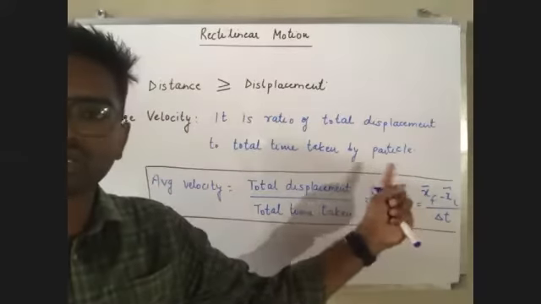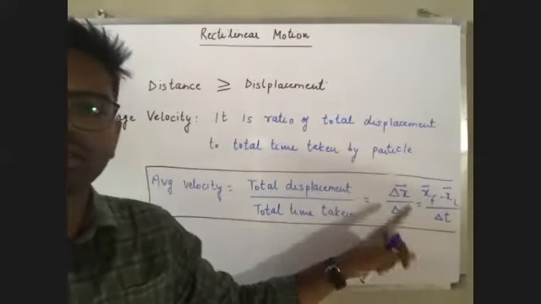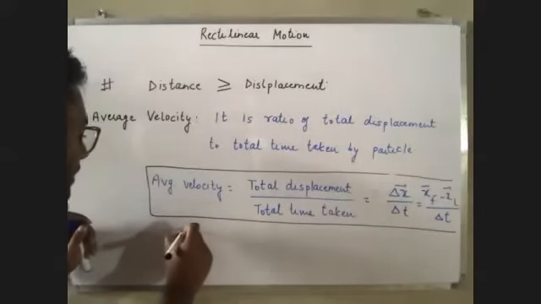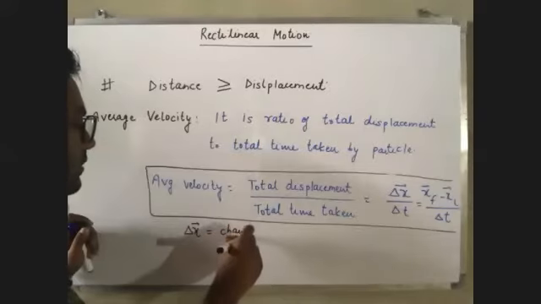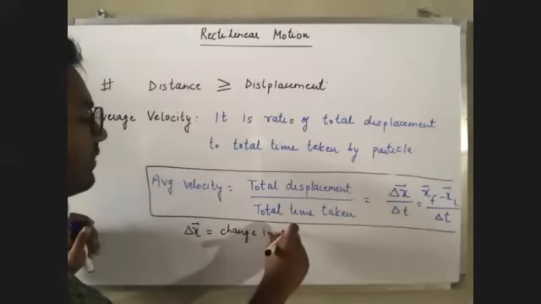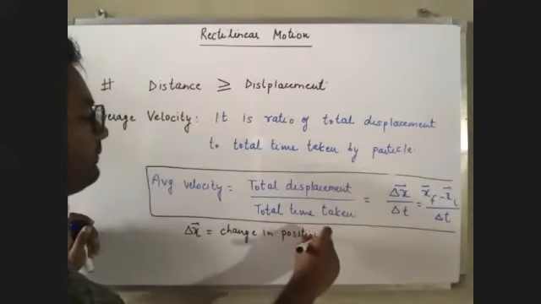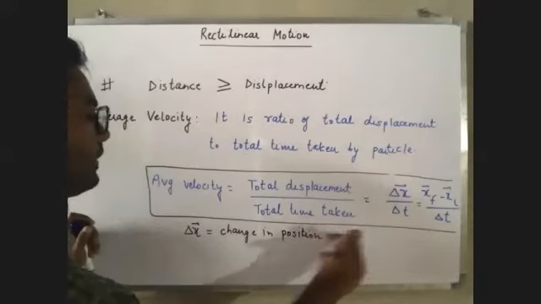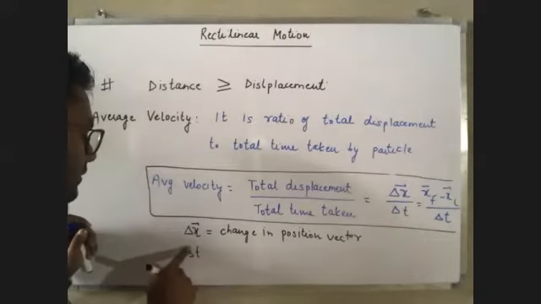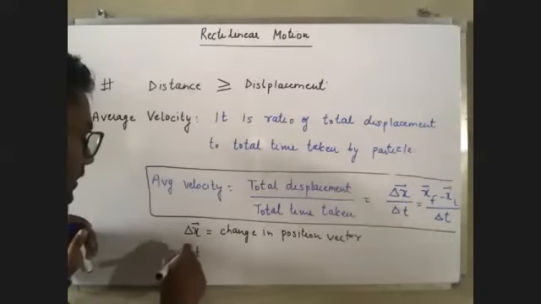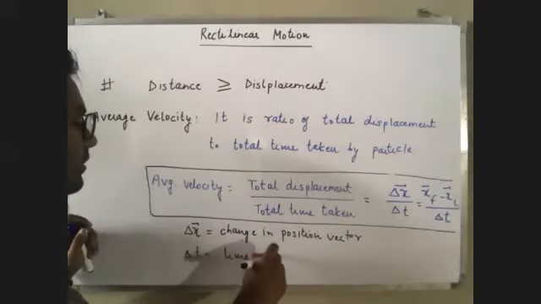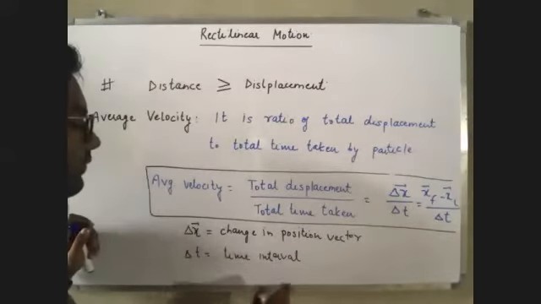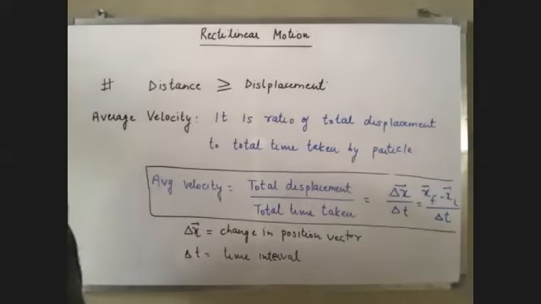Delta x is nothing but the change in position vector. Delta t is the change in time interval. You can write down here: delta x is the change in position vector, and delta t is the time interval. So everyone note down this formula.